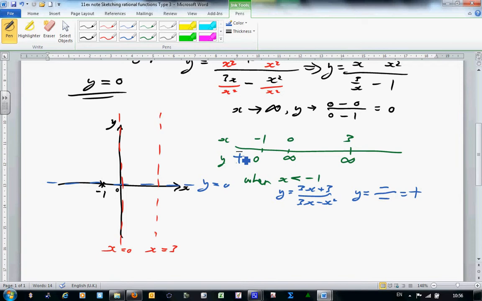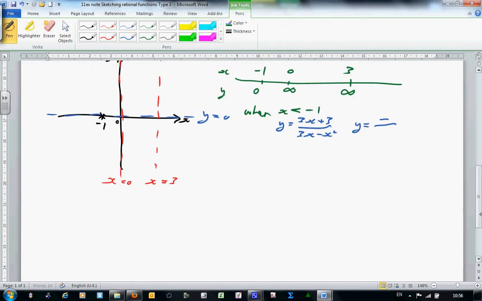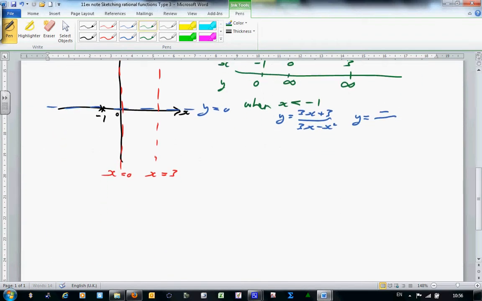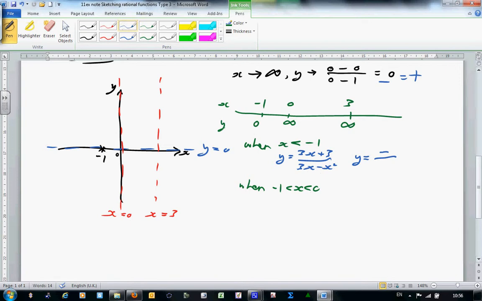When x is between -1 and 0, let's say -1/2, throw that in. Oh, it's jumped up there, sorry. Okay, no problem.